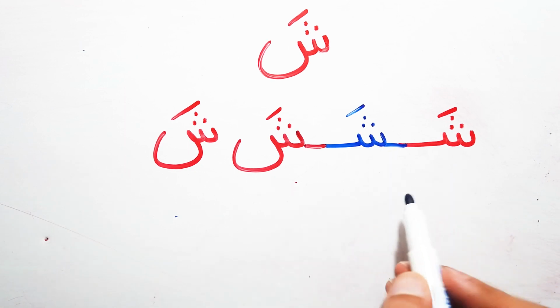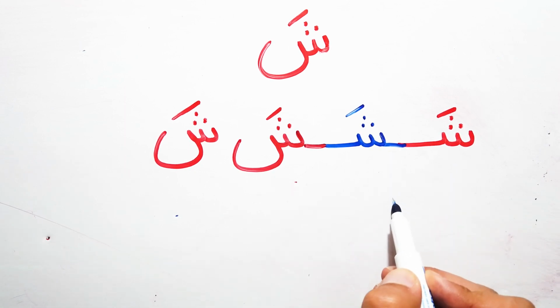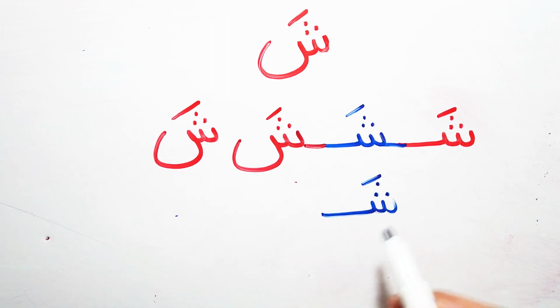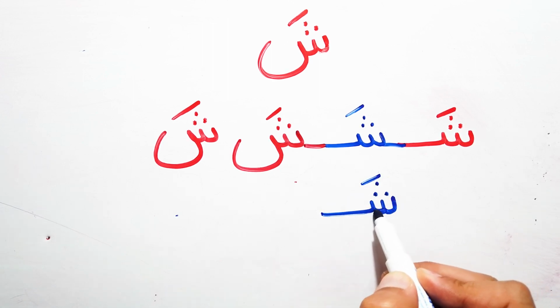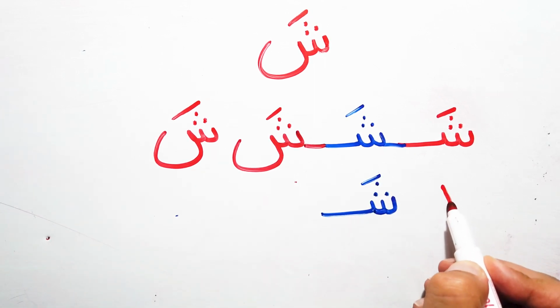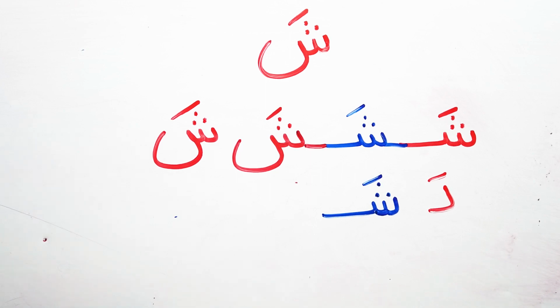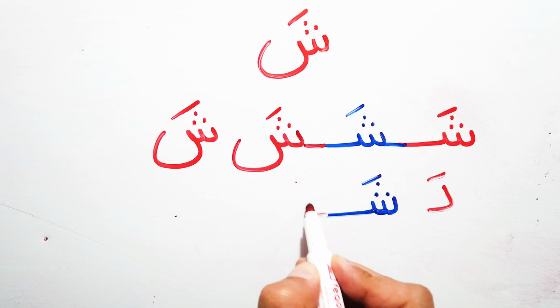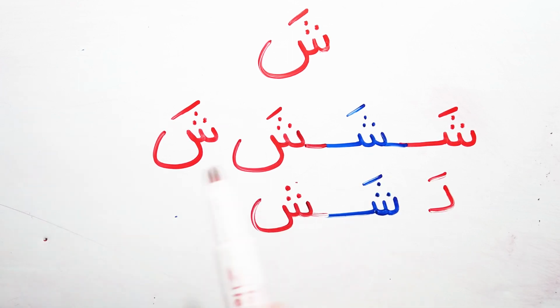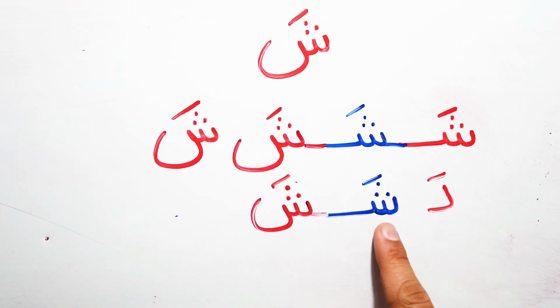Sha in the middle of the word can have another shape. It can be like this when the previous letter is a refusal letter, like da. So if I read da, sha, this will be the shape of sha in the middle of the word.